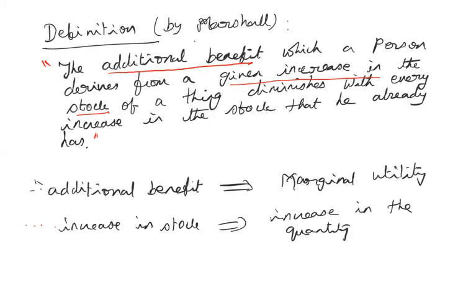So what is "of a thing" here? What does this word thing mean? The thing here represents the good X. In our example, we have taken this as mangoes. So anything for that matter. What is happening to this? So what happens to that additional benefit? Diminishes.